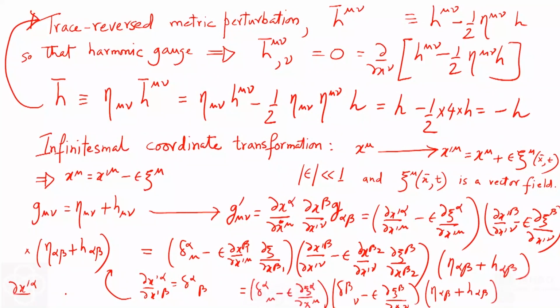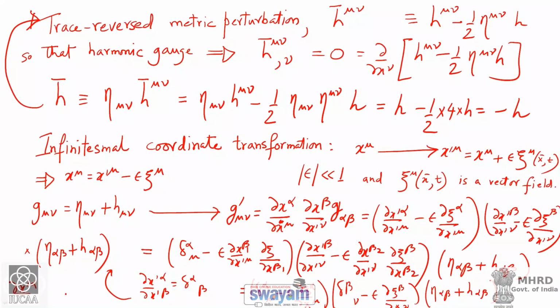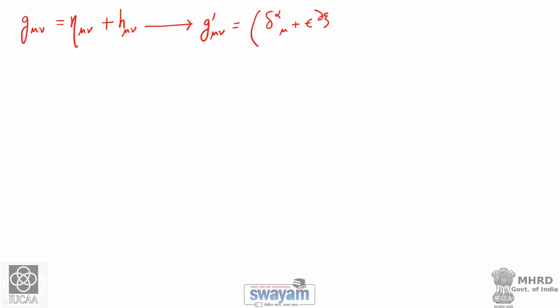So, what we saw is that under an infinitesimal coordinate transformation, the old metric g_μν, which is η_μν plus the metric fluctuation h_μν, goes to the new metric g'_μν, which is given by this expression. Now let us simplify this expression.